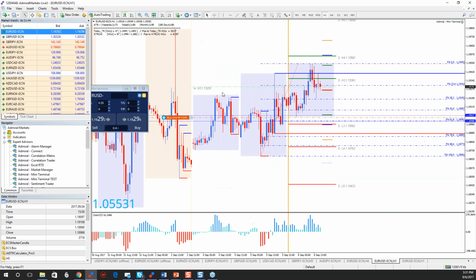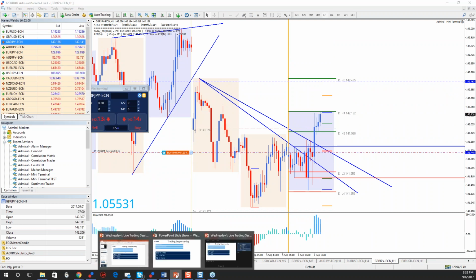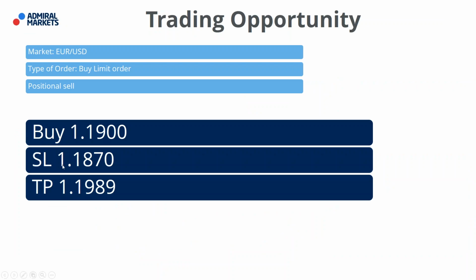Euro dollar is also, it's even lower risk, and this is the zone. 1.1902 is my pending order, and GBP Yen 142.75, although it could maybe drop a little bit lower, but this will be my buy limit order. So pay attention to that. Stop loss for Euro dollar is 1.1870. Final target 1.1989. But still, as I say, protect your profits.